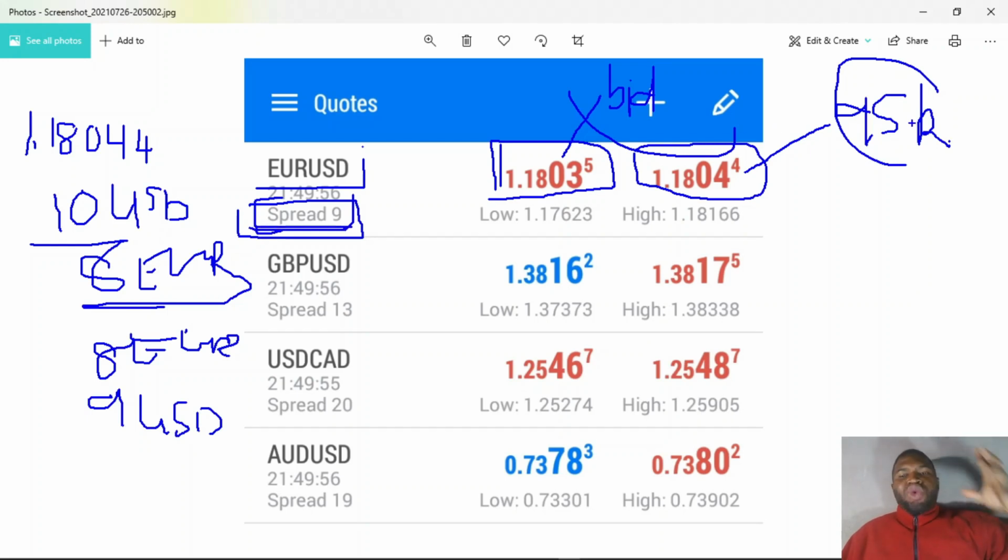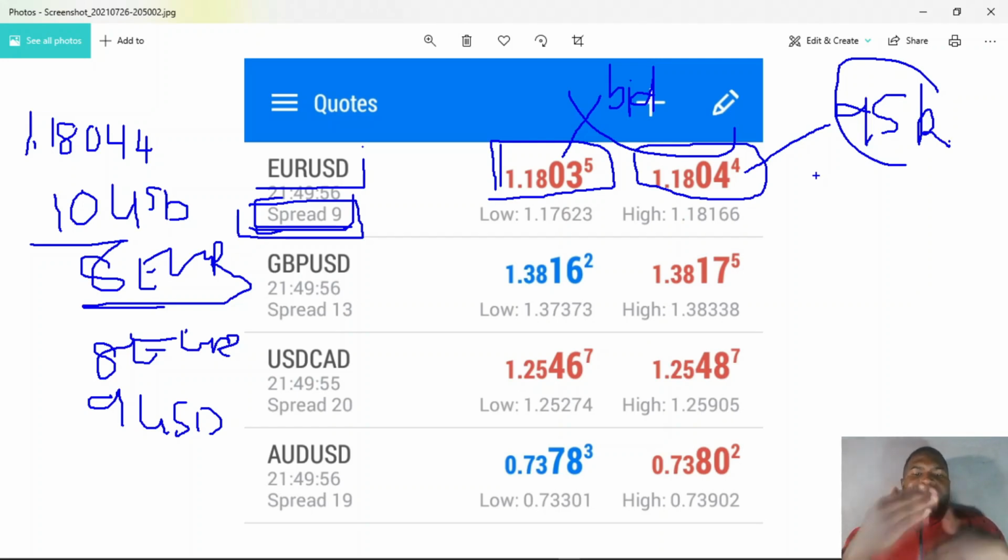So the ask price will always be higher than the bid price. Why? Because this is the price at which you are going to buy a certain currency pair, and this is the price at which the bank, or the broker in this case, is willing to sell to you. Remember, when you are buying from them, they are selling to you.